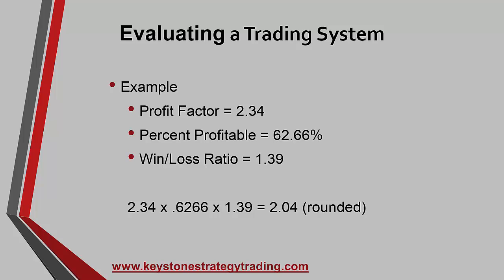In this example, we were looking for 1.2, so I would say you can continue on through the process of evaluating your strategy and continue the optimization process. If it's less than 1.2, I would say you probably need to go back to the drawing board and continue working on your strategy.